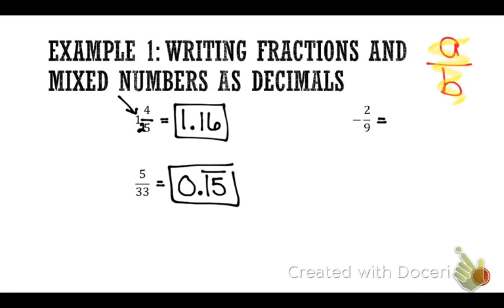Just because it's negative does not mean it's not going to be rational. That's another concept we need to understand about rational numbers. They can be positive or negative. What I'm really concerned with is, does the decimal terminate or repeat? As long as it does one of those, then it's rational. So negative 2/9, when I convert it to a decimal, what would I get? Negative 0.2.